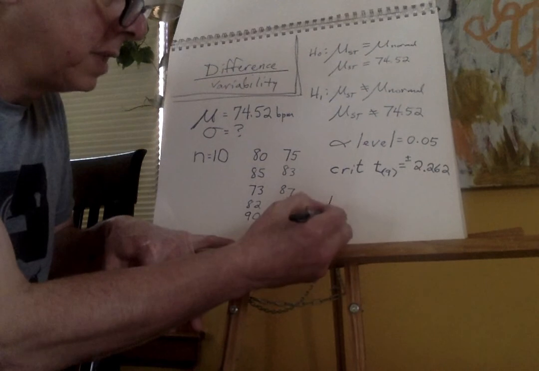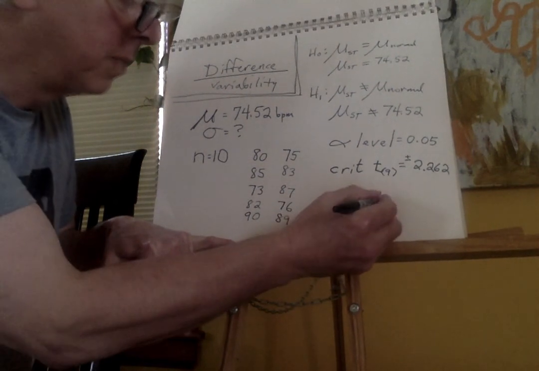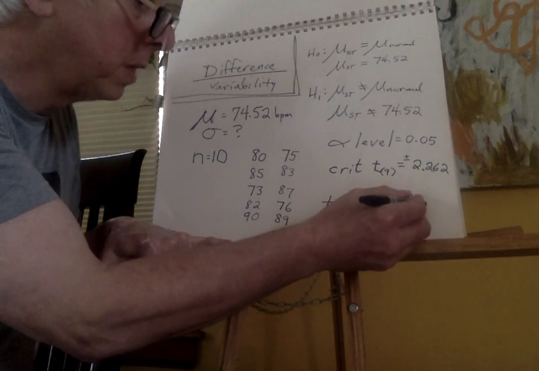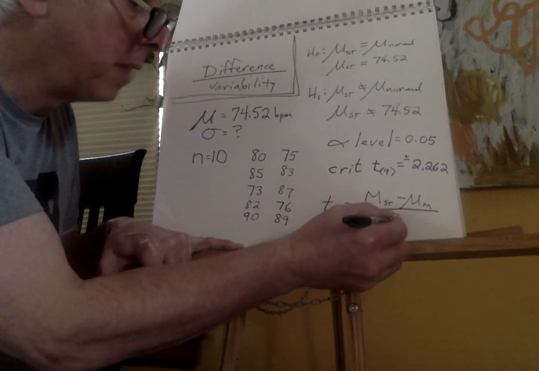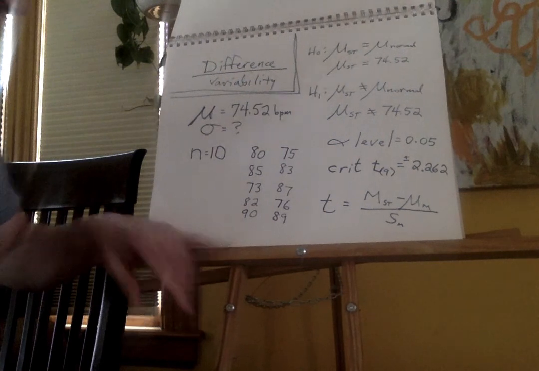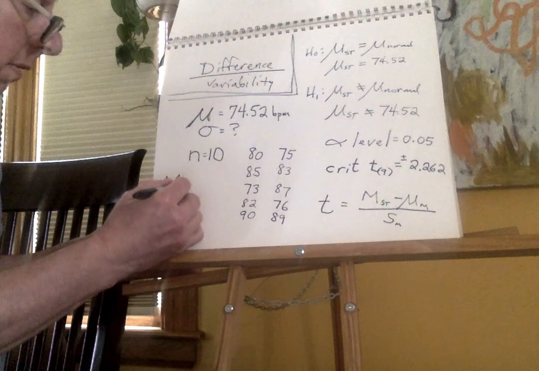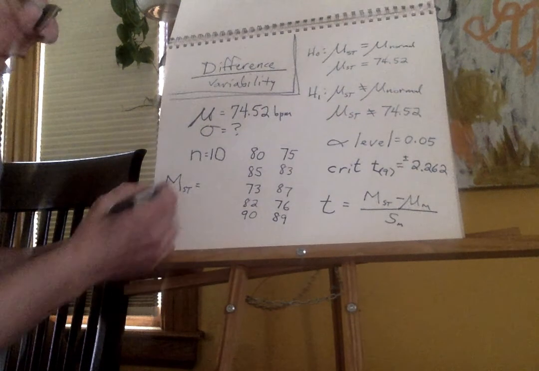Now we need to do a t-test. Take the mean for our soundtrack, compare it to what we would normally see, divided by S sub m. Okay? So what we need to do for this sample, we need to get the mean for the sample for our soundtrack.